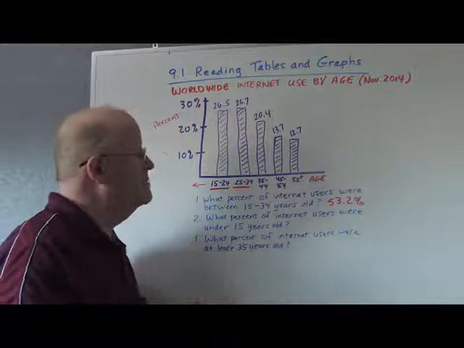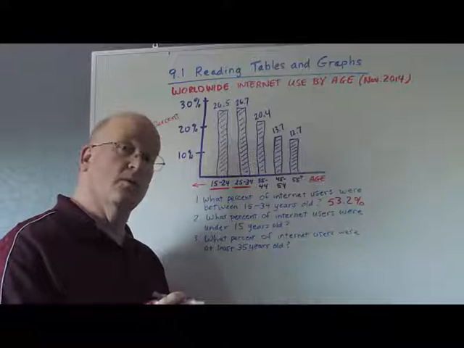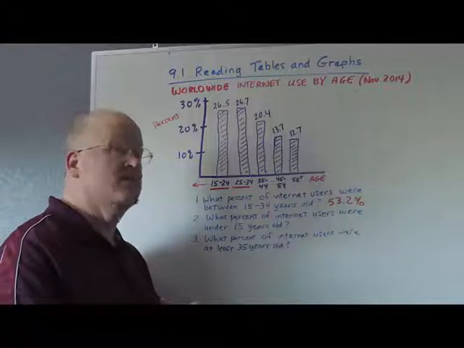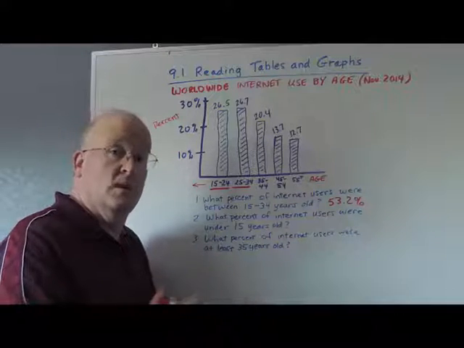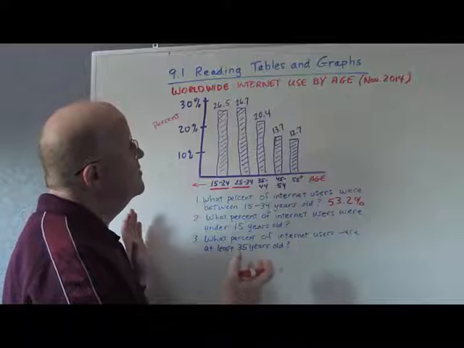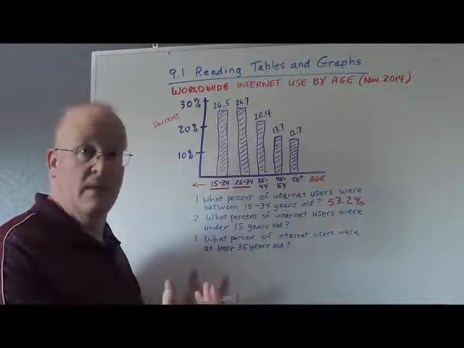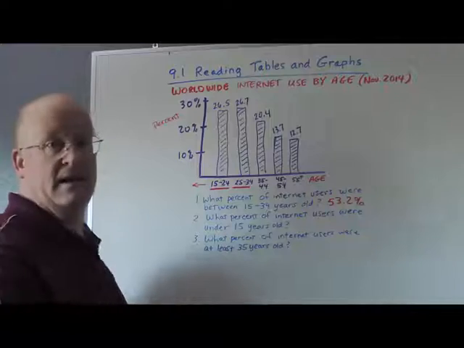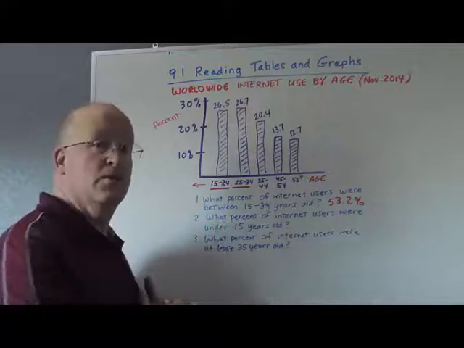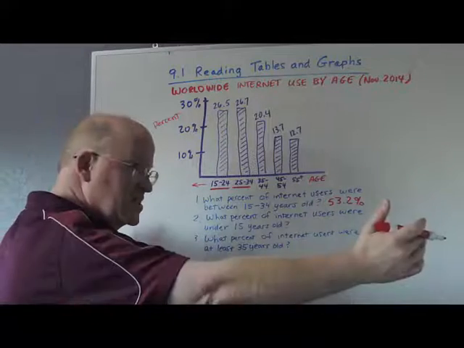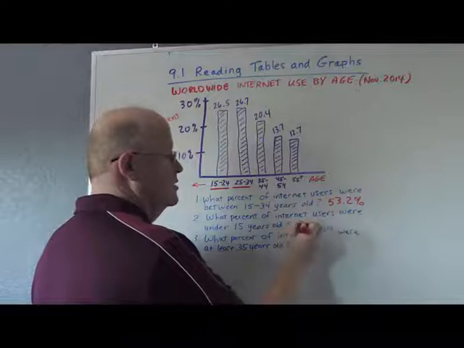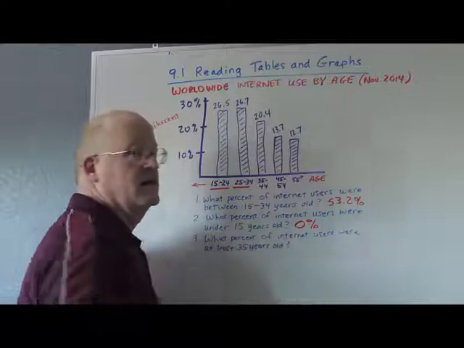So basically that means that the percentage of worldwide users who were using the internet in 2014 really was under 1%. Either that, or there was no way for the people gathering this data to measure them. So I'm just telling you what the data says. Now I know we know people here in the United States, children, who are using the internet, but statistically speaking, when we're looking worldwide, the amount is negligible. So we're going to write 0% down.